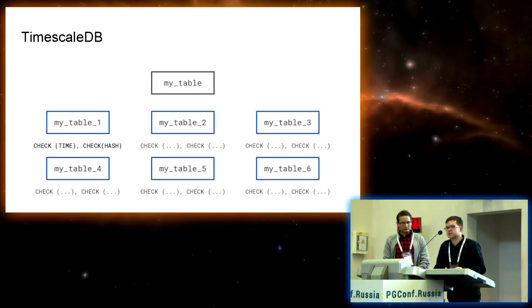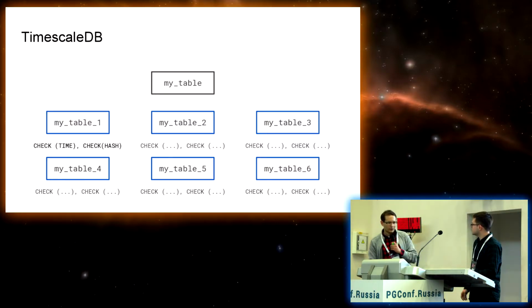And I did not draw arrows on the slide here because the inheritance mechanism is not used here. Two indexes are used instead, one index on the additional key, and optimization is done in this way. There is its own catalog that has links between hypertable chunks, and it is like a thing in its own.